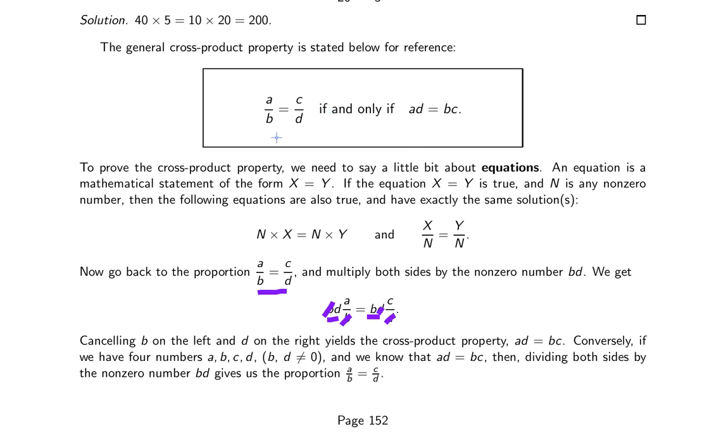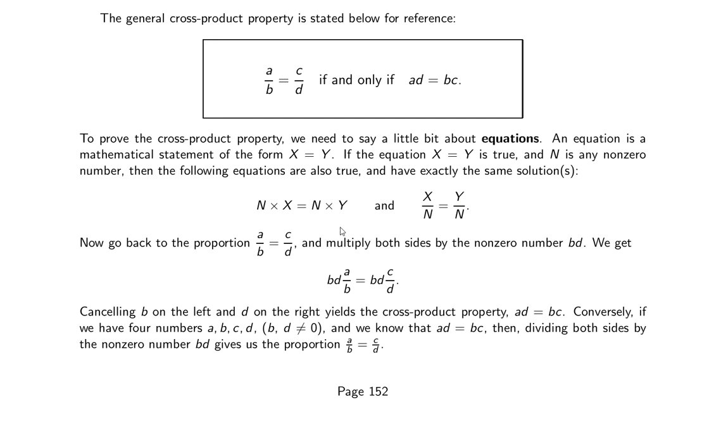So if this is true, then multiplying both sides by BD, we get this. So this being true implies AD equals BC has to be true. And you can go backwards: divide both sides by BD, and you'll get the first equation. Going from here to here is this idea of clearing fractions. We're starting to look at equations now.